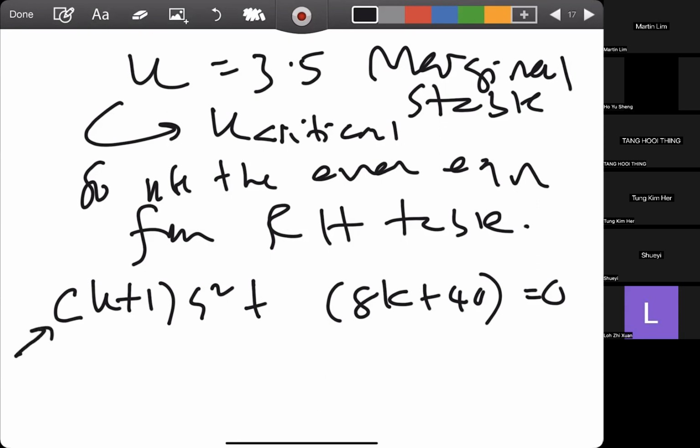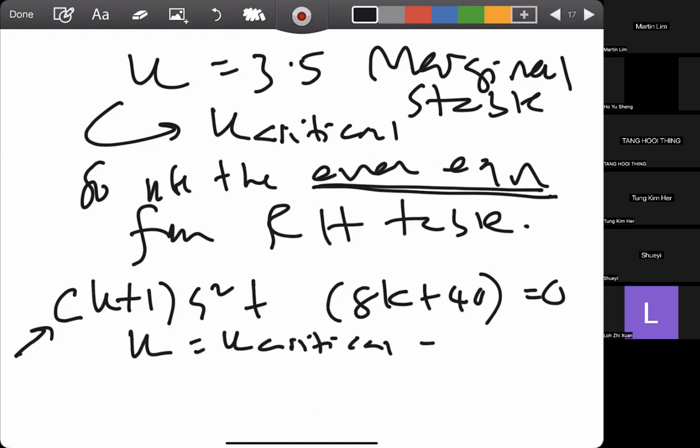This one, (K plus 1) s squared plus 8K plus 40 equal to 0. So this one we call the even equation. Okay, so K critical is 3.5. When you insert it inside, it will become 4.5 s squared plus 68 equal to 0.